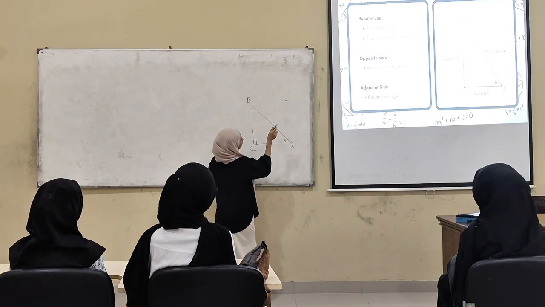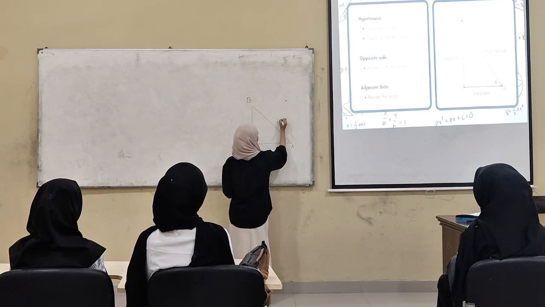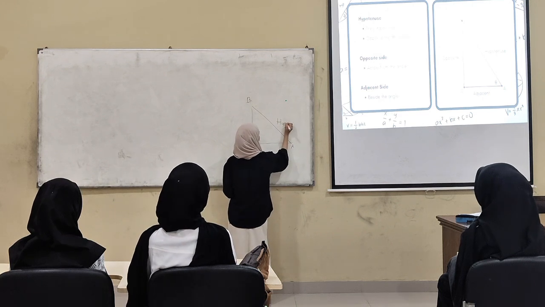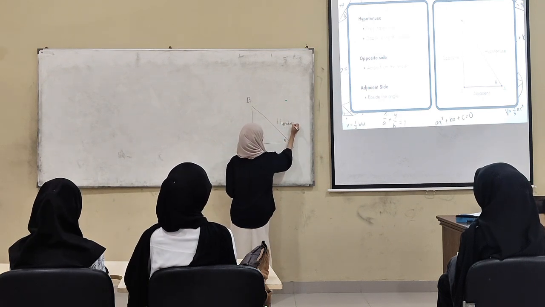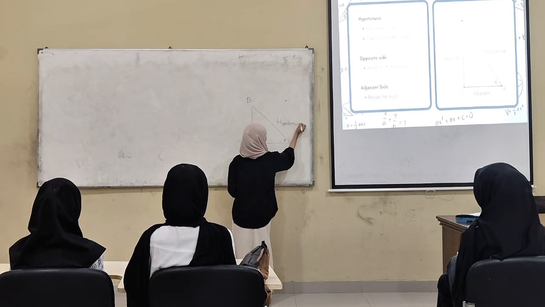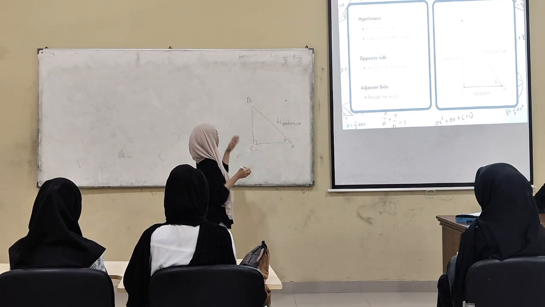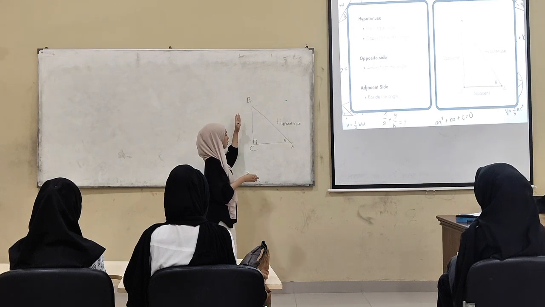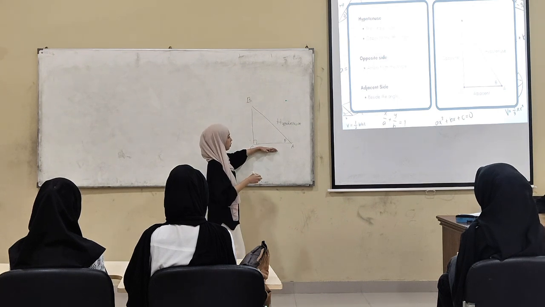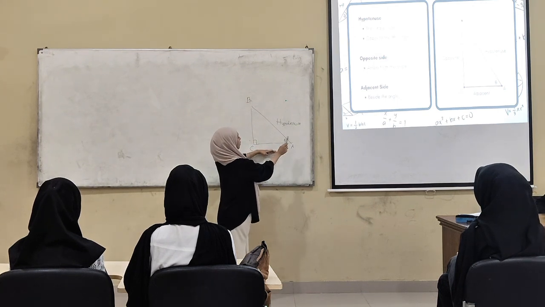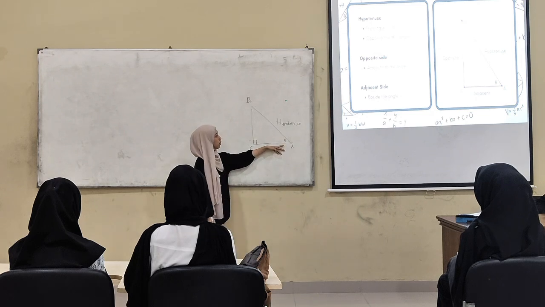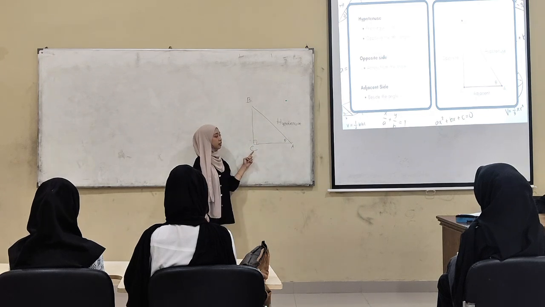Here, this one is the hypotenuse. And the opposite side is across from the angle. So is the opposite side here or here? BC or AC?